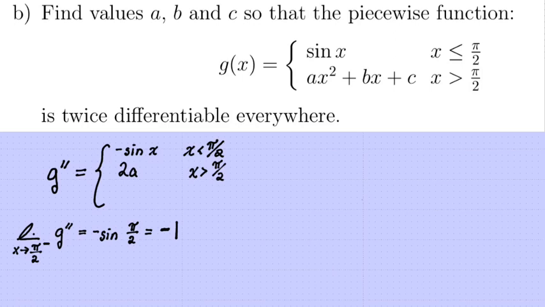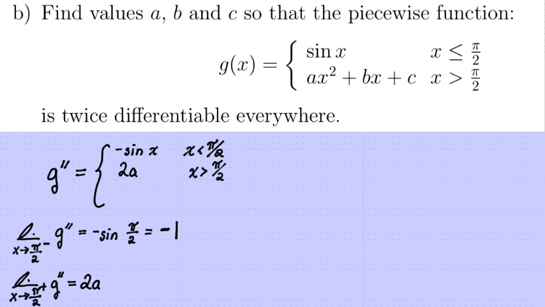And then similarly, the limit as x goes to pi over 2 from the right of g double prime, this is just going to be 2a.